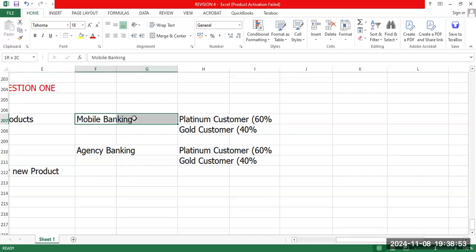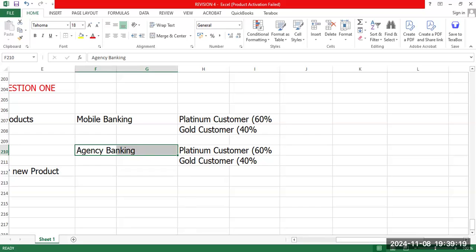I have introduced a product called mobile banking, and in the market, I expect two categories of customers: the platinum at a probability of 60%, and the gold customer at a probability of 40%. Still, the same applies to agency banking. Still, I expect the platinum customer and the gold customer.